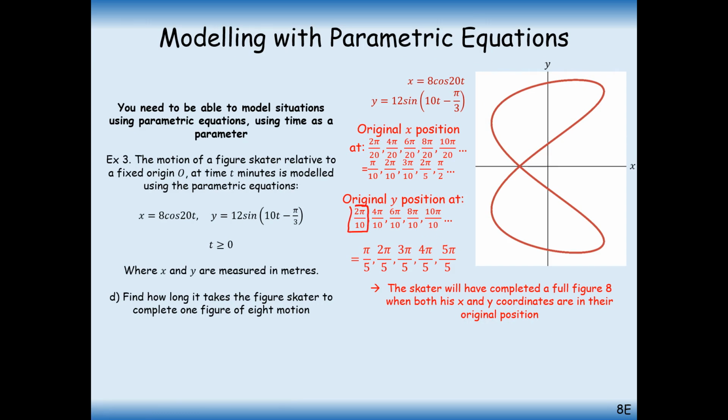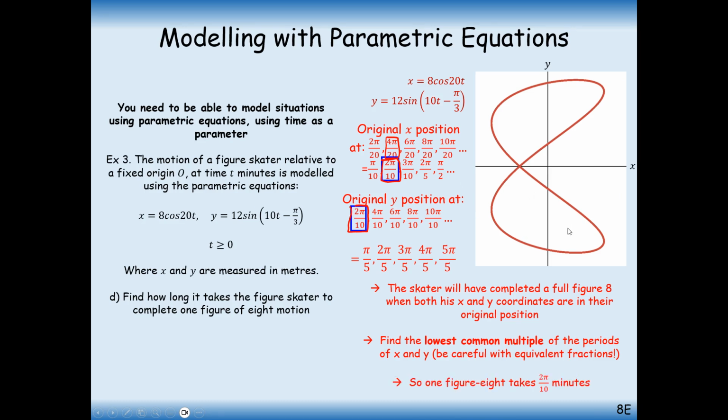Now the lowest common multiple of the two turns out to be 2 pi over 10. So 2 pi over 10, or pi over 5, is the point in time where the figure skater would have completed one full turn of the figure of 8.